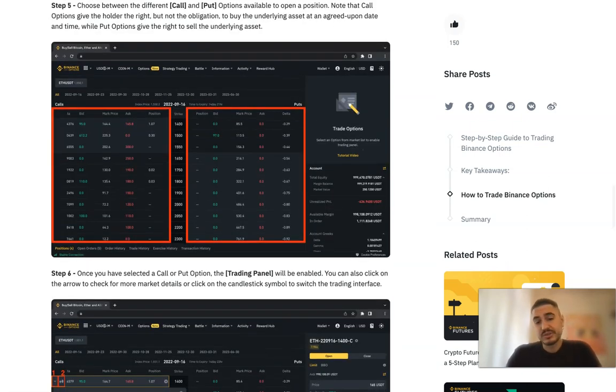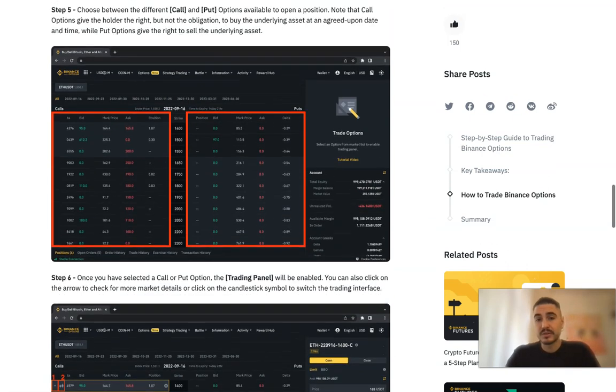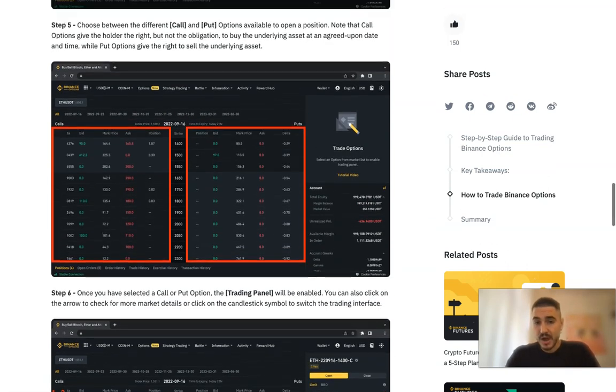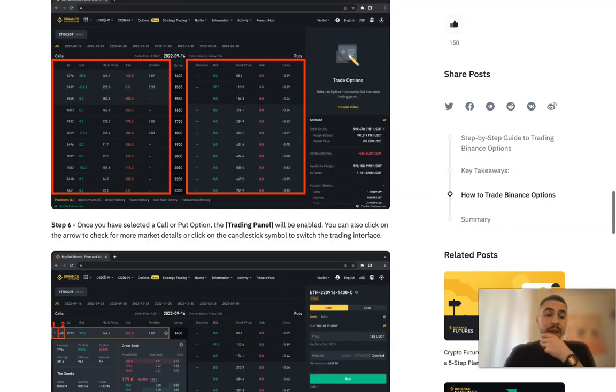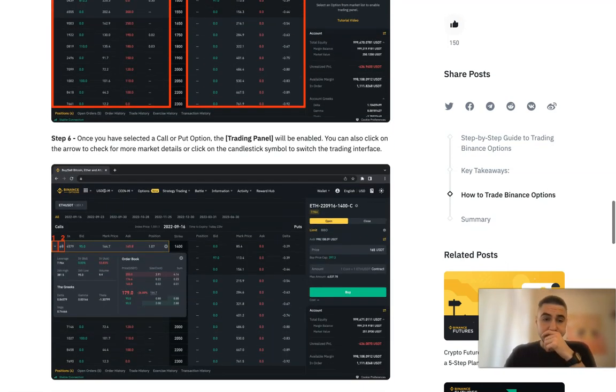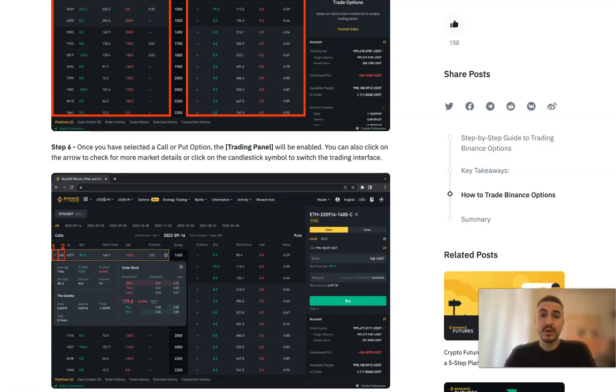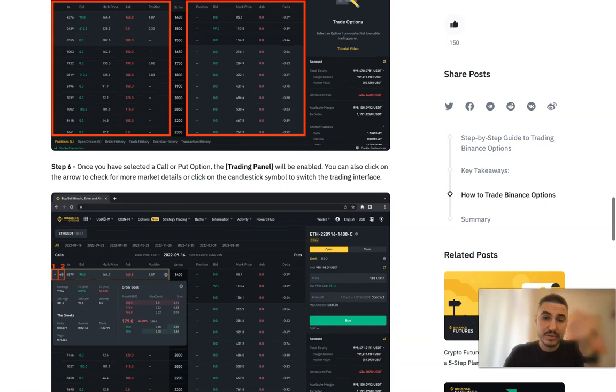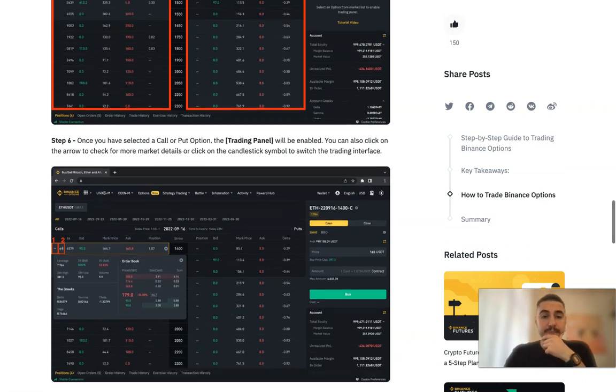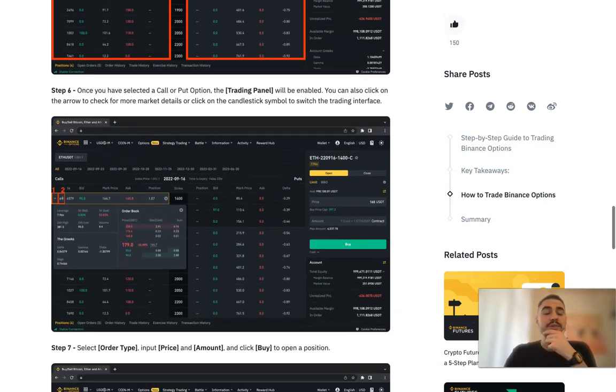This is just some general information on what options are, comparing, for example, to the futures. If you have the futures, you actually have the obligation to sell or buy them.